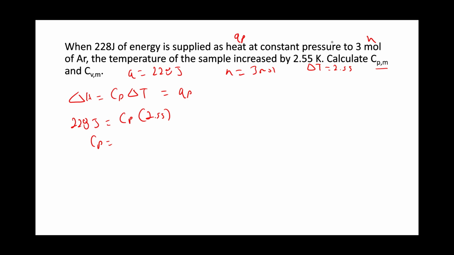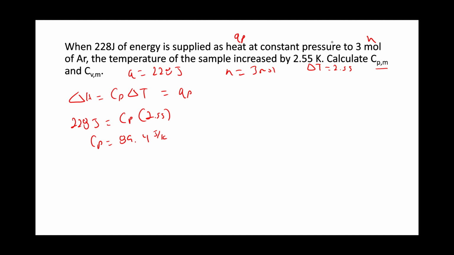Our Cp is going to be 228 divided by 2.55, which is 89.4 joules per Kelvin.